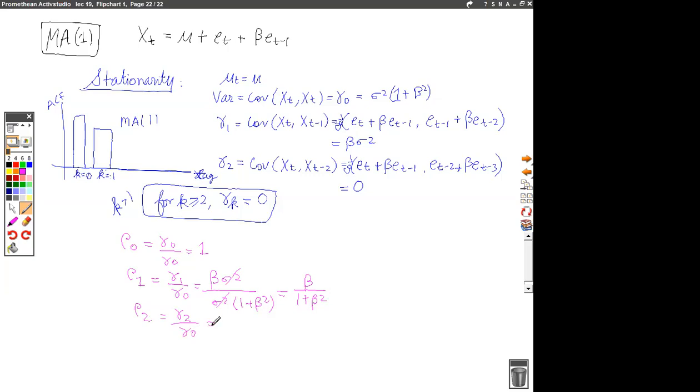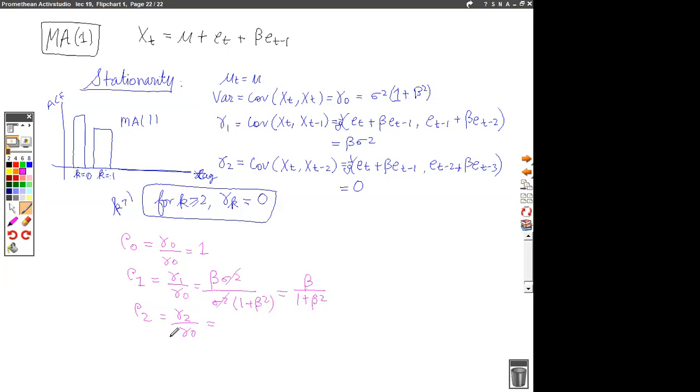Now if I have to figure out my rho 2, that will be gamma 2 upon gamma 0. What will be the value for this? Anyone? 0. Why do you think it's going to be 0? Gamma 2 is 0. But what is the guarantee that gamma 0 is not also 0?